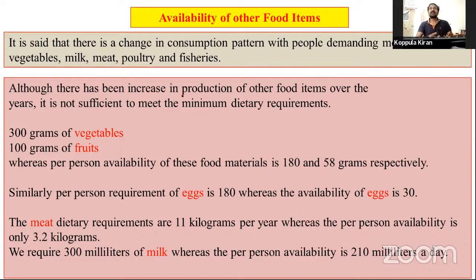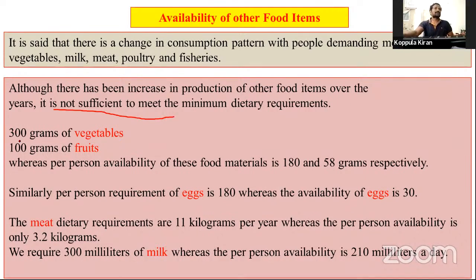Regularly we are taking rice, wheat and other food items, but with changes in society, we have also changed. That's why we prefer vegetables, fruits, eggs and meat, milk. These are the other food items. It is not sufficient to meet the minimum dietary requirements. Other food items are not sufficiently taken by us.